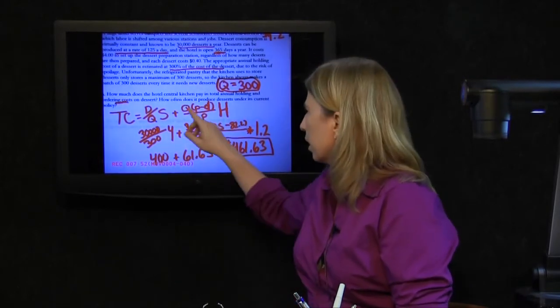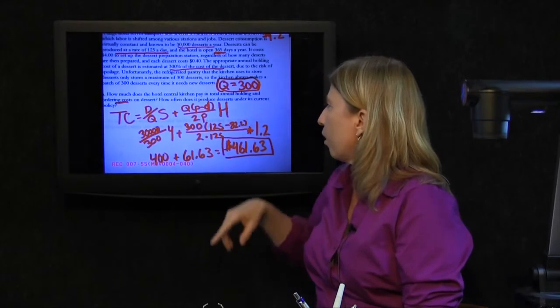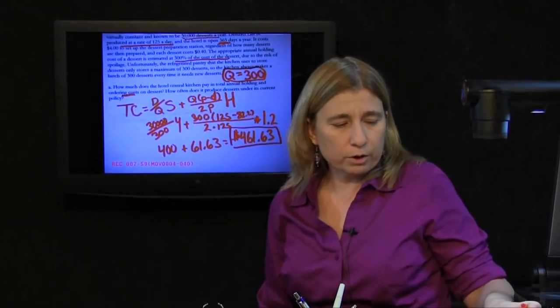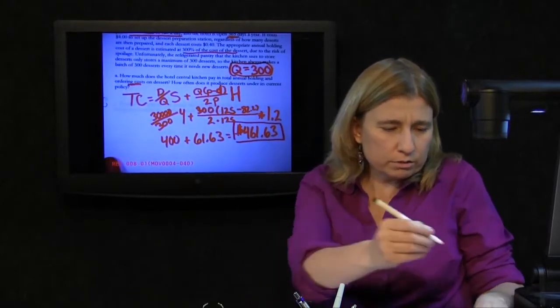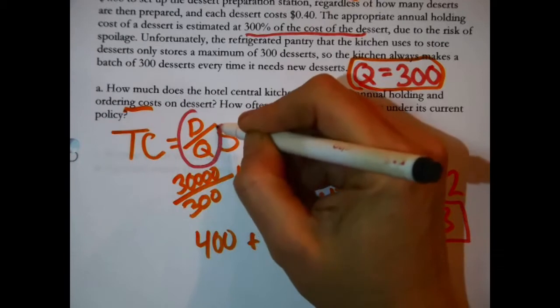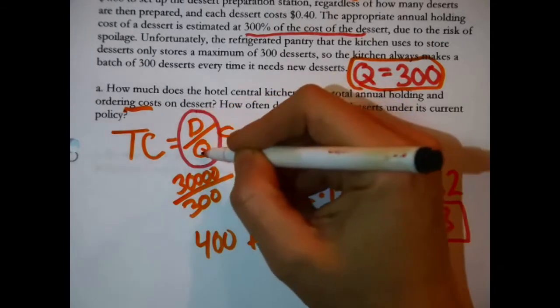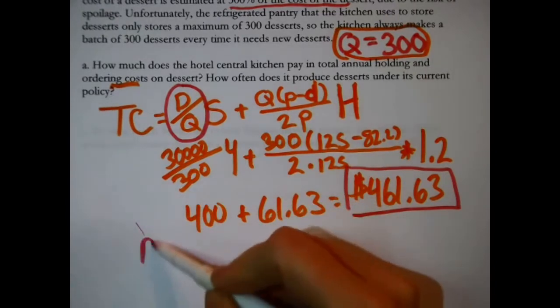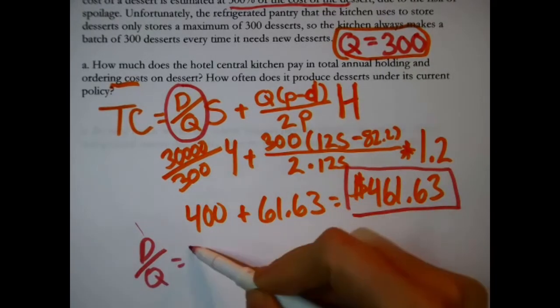There was a little tag on question here. How often does it produce desserts under its current policy? You could answer that question with this right here. That part of the formula, D divided by Q, is the frequency of ordering. Just think about it.